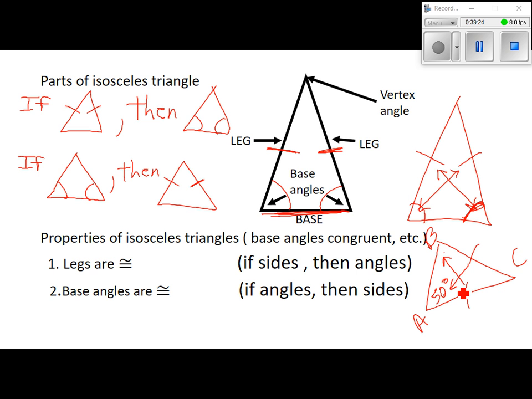Nothing? Say it, Jacob. 50. And then if those two angles are 50, can we find this angle? Yeah. Three angles of a triangle should add up to what? 180. So that angle's got to be 80, so on and so on.